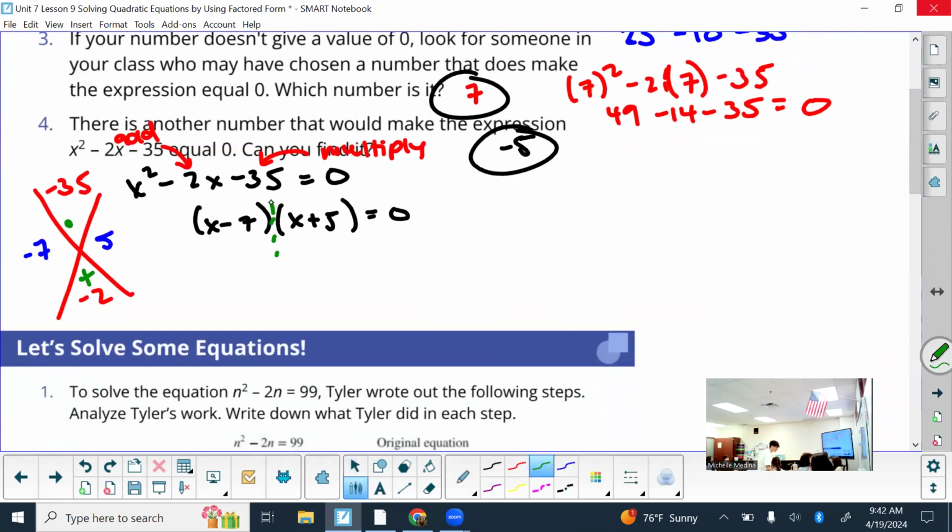One of the factors must be 0. And it could be either one. So that's why we would apply the 0 product property at this step. Set each factor equal to 0 and solve them separately.